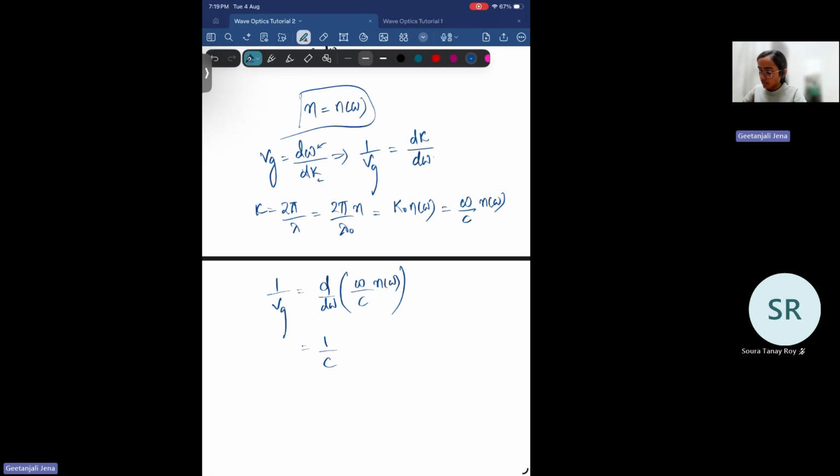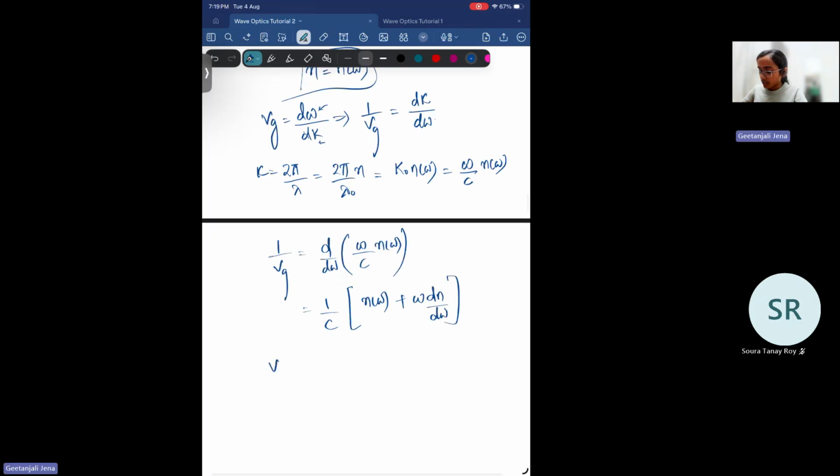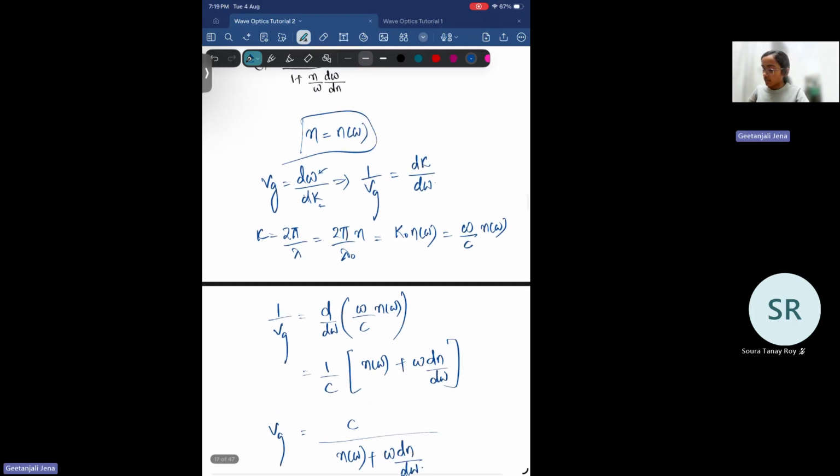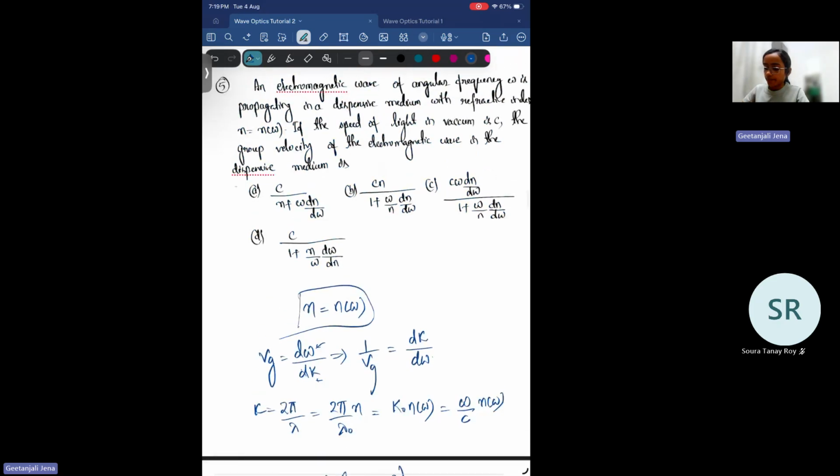So this is 1 by c times (n of omega plus omega dn over d omega). So that means Vg is c over (n of omega plus omega dn by d omega). So the answer is option A, not B.